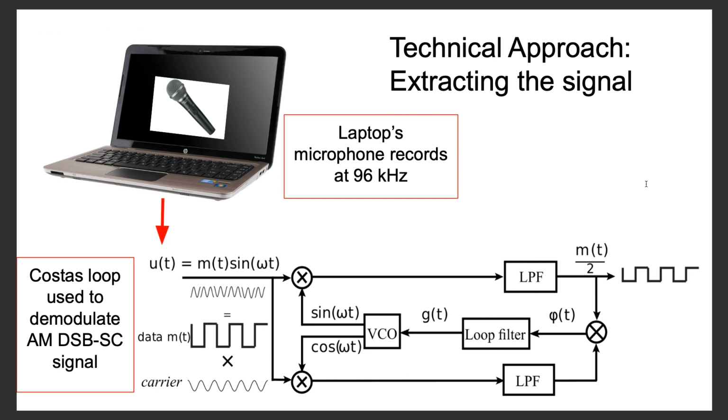So I was dealing with what I thought was an AM double sideband suppressed carrier signal. To demodulate it, I used a Costas loop, which works as a carrier recovery and also demodulates the signal.